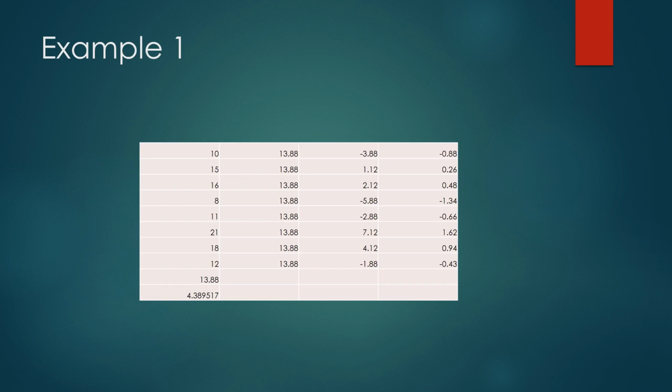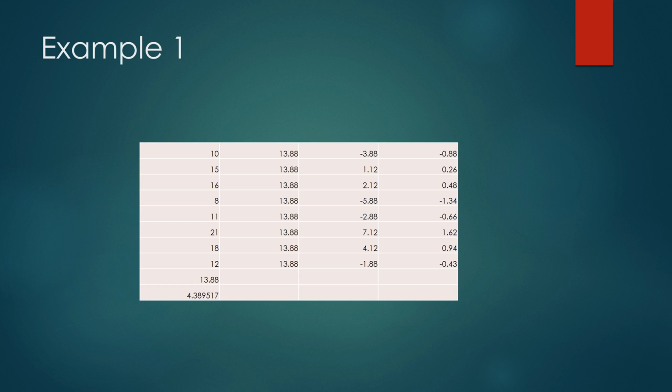Here's the first example. If you look at the left-hand column, it contains my raw values or my actual values. My mean for those values is 13.88 and my standard deviation is 4.389517. I take my mean and put it in the second column and subtract it from my actual values and get the difference. Again, some of those are positive and some of those are negative.